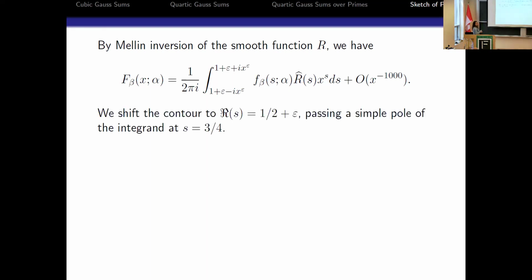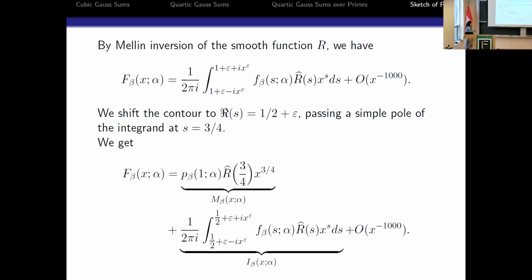We move the line of integration to the left, and we pass the pole of that Dirichlet series at s equals 3/4. Remember, we're evaluating psi at s plus 1/2. Psi has a pole at 5/4, so that's where s equals 3/4 came from: 3/4 plus 1/2 is 5/4.